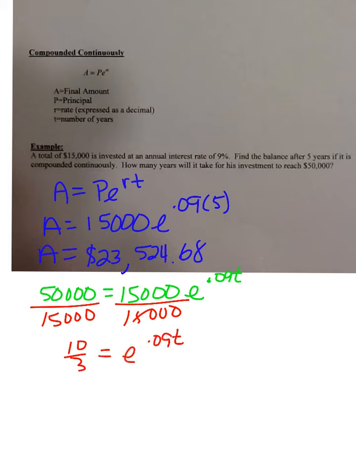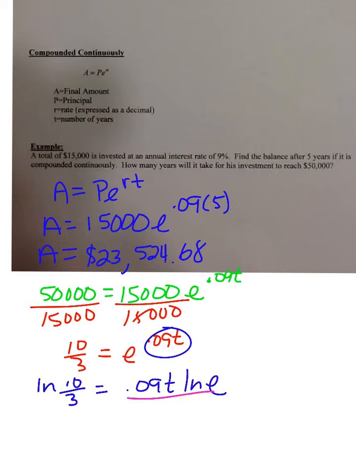So remember, when we have base e, we use ln, so we ln both sides. So ln 10/3 equals, this will go into the front, 0.09t ln e. And then I'm going to divide both sides by ln e.